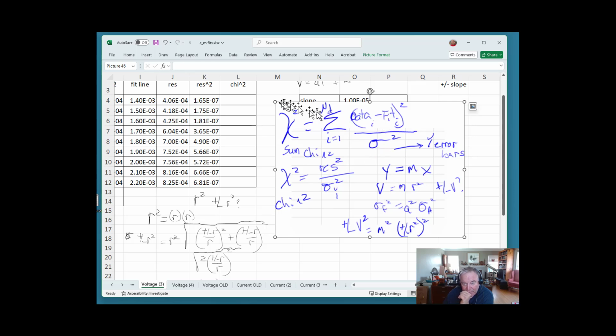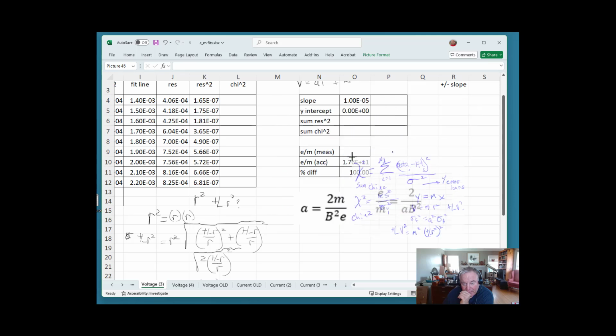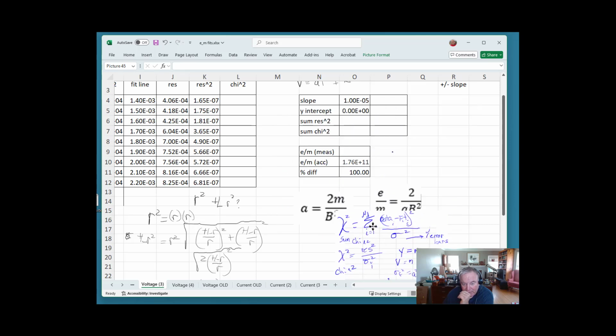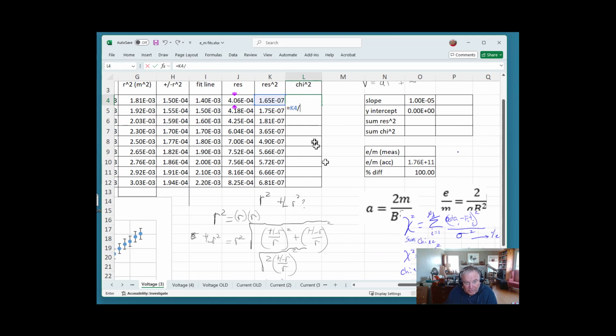And what that does is that it downplays the data points that have larger error bars. They get downplayed. They contribute less to the sum than the ones with small error bars.